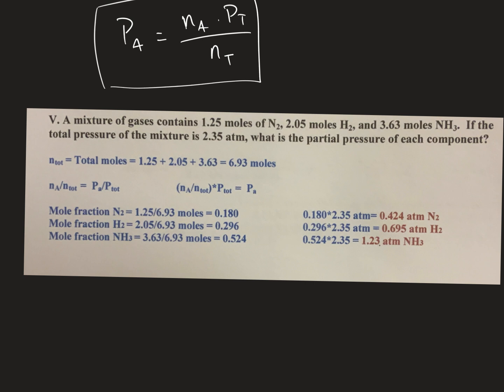Then you put all of them in the same equation, and the only one that changes will be this. So for this one, it's going to be 2.05, right? I can put each of them in the same equation and divide by the total number of moles, but for each of them the numbers will differ. Same equation. Not too bad, very easy.